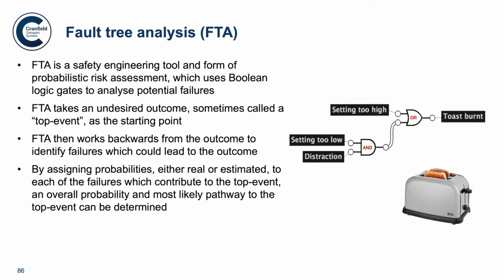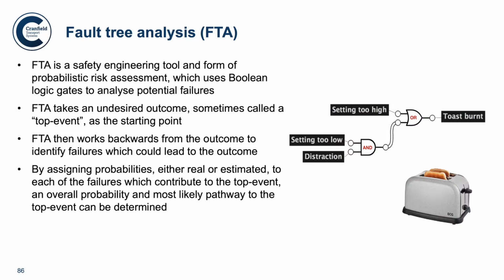Then we work backwards from that undesirable outcome to identify failures which could lead to it. The obvious one is that you set the setting too high, so you toast the bread for too long, and it burns. Something I tend to do quite regularly is set it too low, and then put the toast back down again. Then I get distracted by making a cup of coffee or something, and the toast, of course, does double the time, ends up burning, and the toast is burnt.